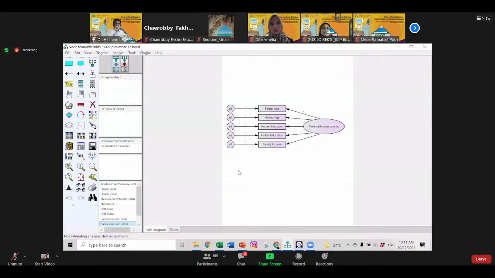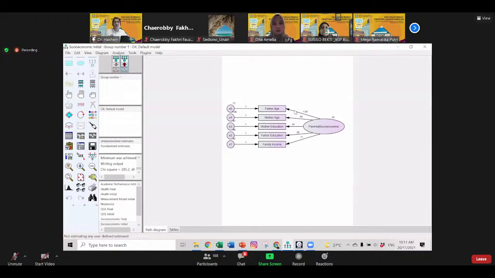So from the beginning, you have to come up with a measurement model. So for every latent variable, you find the factor loading. What's the factor loading? As I said in our slide here, when we do the analysis of data and then run the data and then we click here, you can see there are some numbers here.